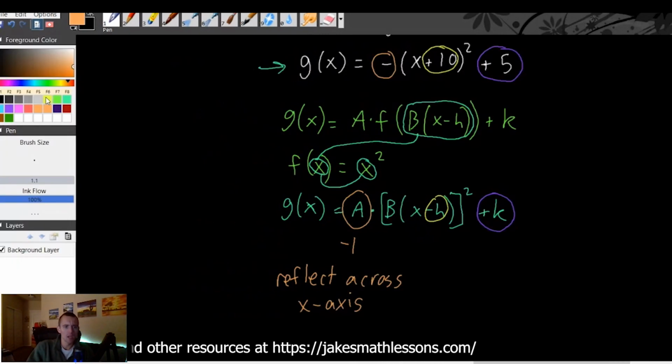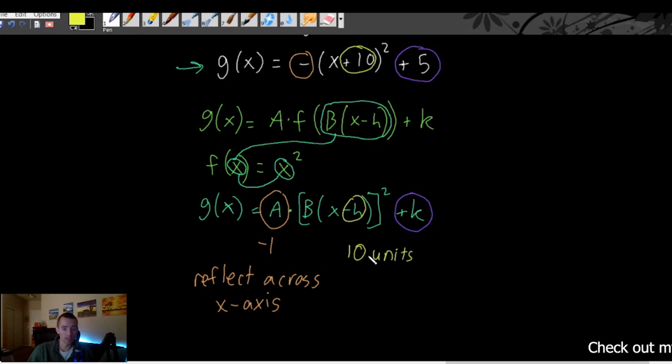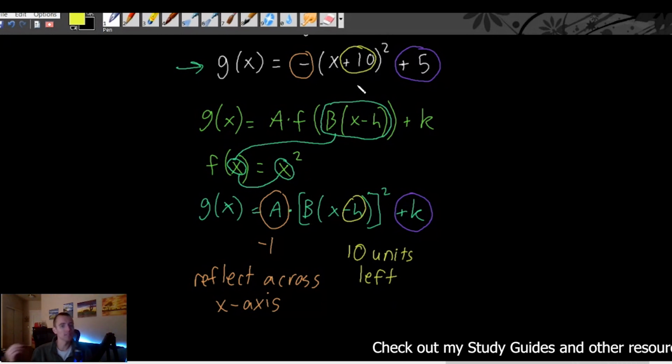Okay. Then we also have this +10, which is in the spot of our -h, which tells us that we're going to be shifting. So we're going to shift 10 units to the right. I'm sorry, 10 units to the left. Since we had x plus 10, that tells us we're going to move 10 units in the negative direction, 10 units to the left.